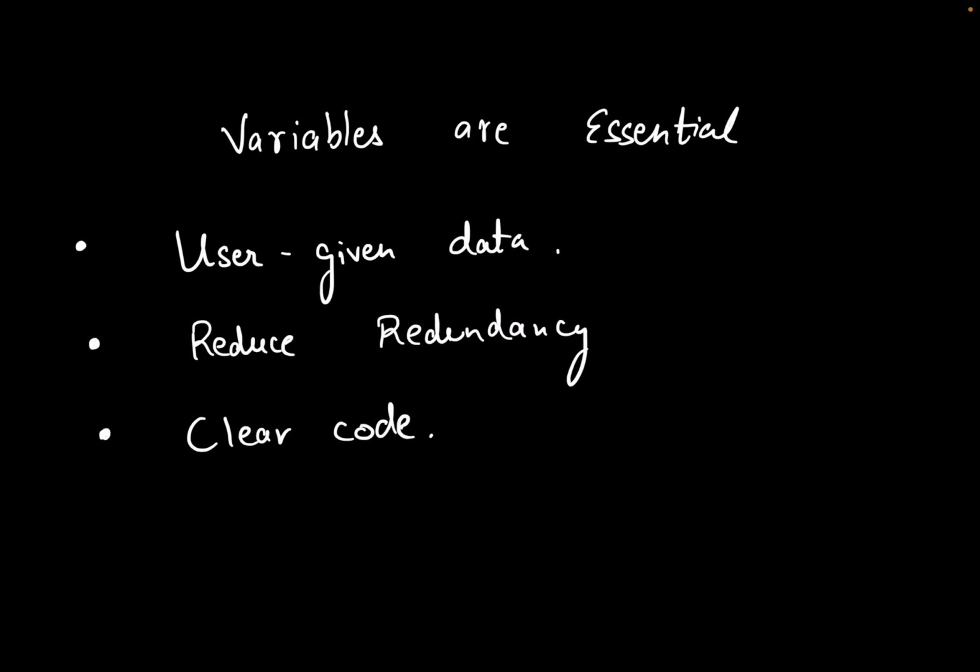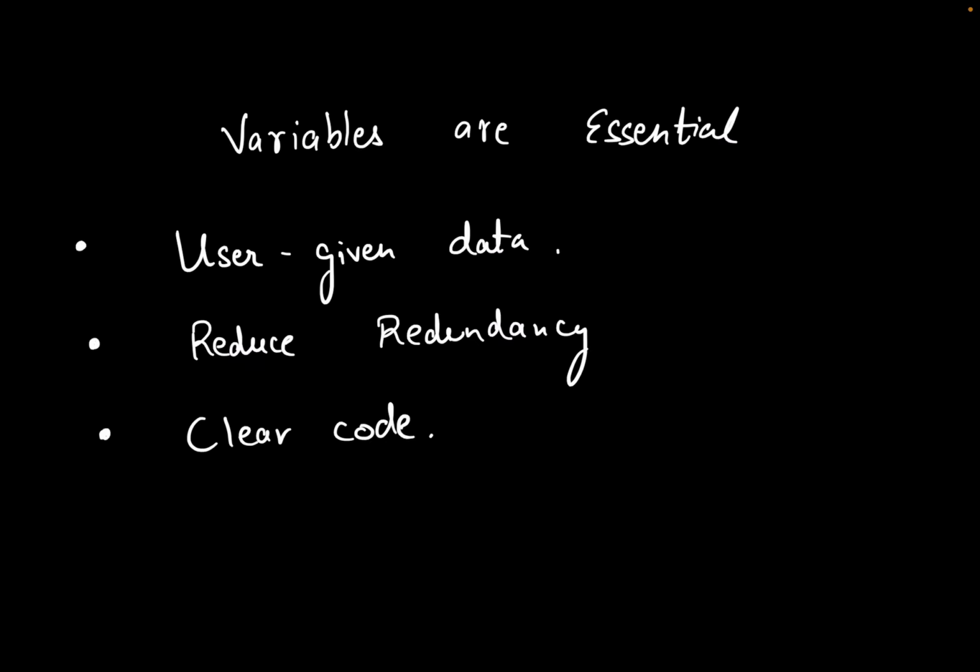The second reason is that it reduces redundancy. Let's say I want to use a value 20,000 a lot of times in my program. I'll have to keep writing this value 20,000 again and again. Now let's say this value 20,000 is changed to 15,000 in all of the places in my program. To do this, I'll have to manually go to every instance of 20,000 in my program and change it to 15,000.